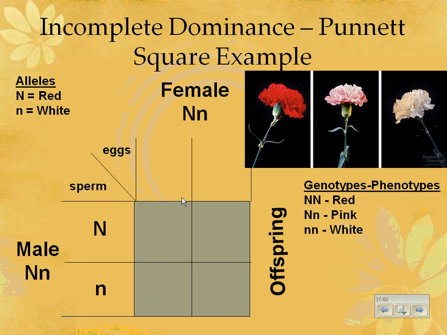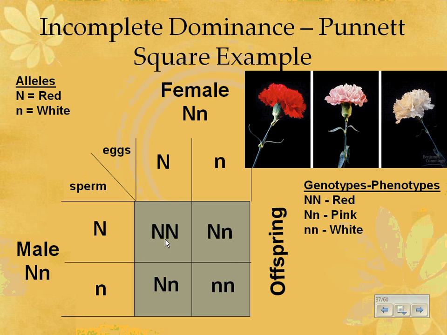So if you cross 2 heterozygous snapdragons, the male is pink and the female is pink, and there's a possibility they could have a red offspring or a white offspring.